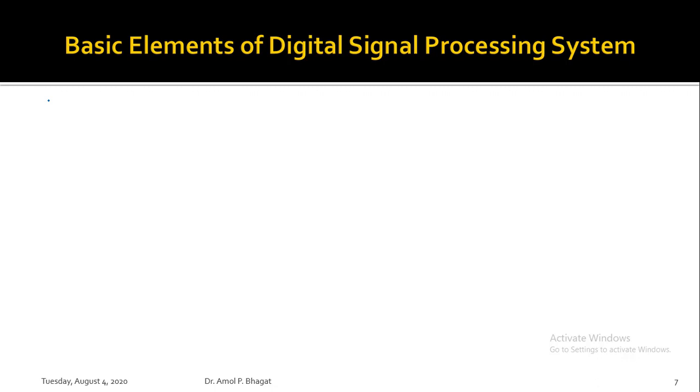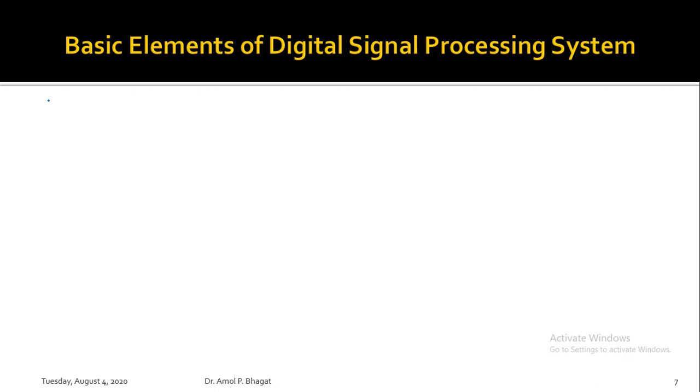of signals into deterministic, non-random, continuous, discrete time, energy, power signals, and even and odd signals. So today we'll be discussing the basic elements of a digital signal processing system.